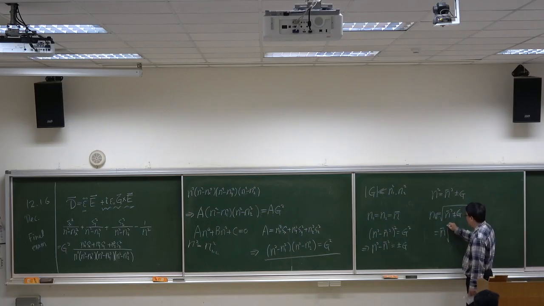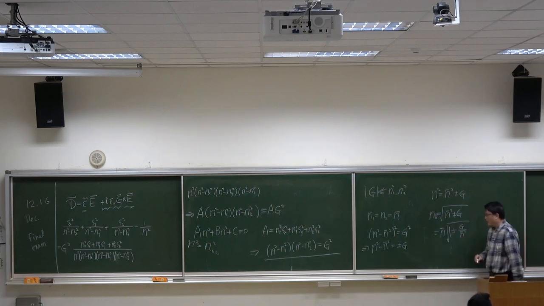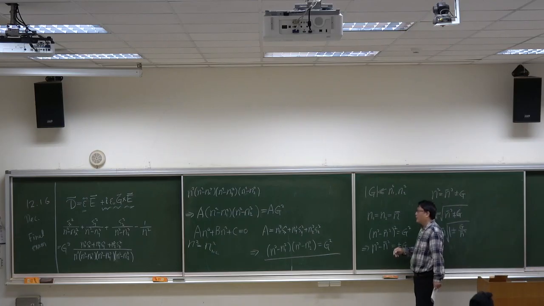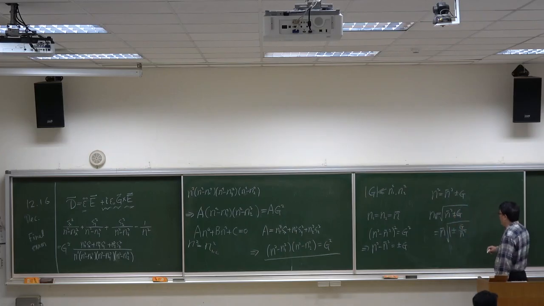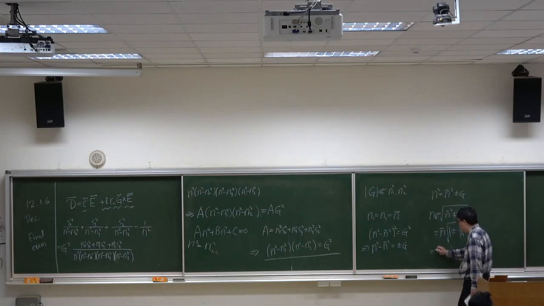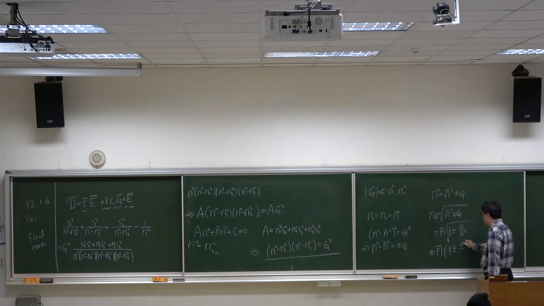This can be rewritten as n bar times the square root of 1 plus or minus g over n bar squared. And since g is much smaller than n bar squared, we can apply the so-called binomial formula. The binomial formula means that if this quantity is very small compared to 1, the square root can be approximated by 1 plus one half of that quantity. So this can be approximated by 1 plus or minus g over 2 n bar squared.